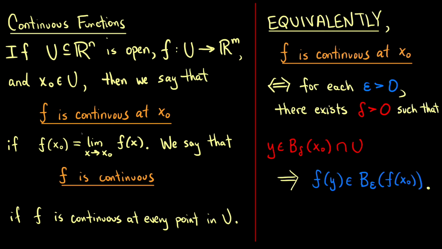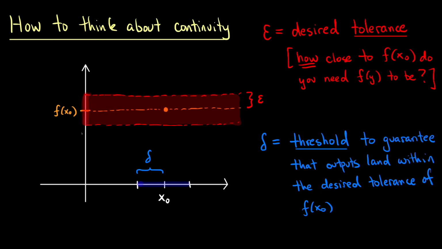Let's try to draw a cartoon about this so that we can see this better. The way to think about the epsilon is that epsilon is the desired tolerance. Somebody comes and tells you, okay, so you think f is continuous. Well, why don't you try it for epsilon equals 10 to the minus 6.